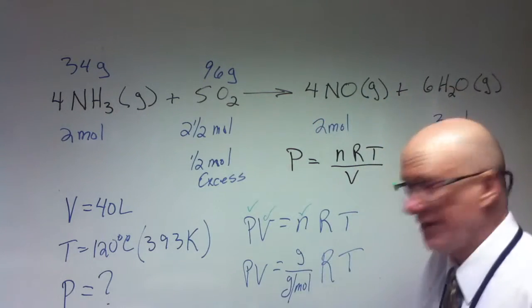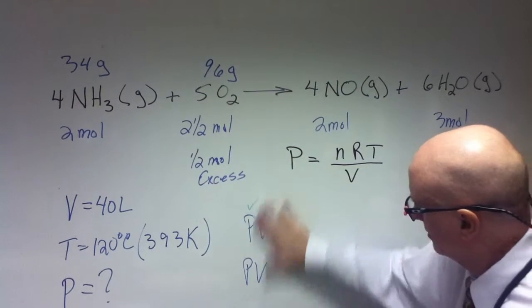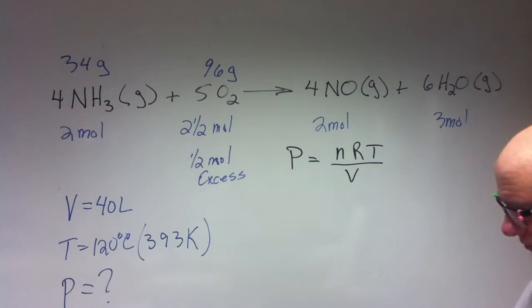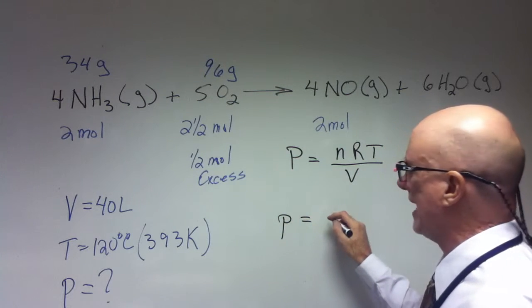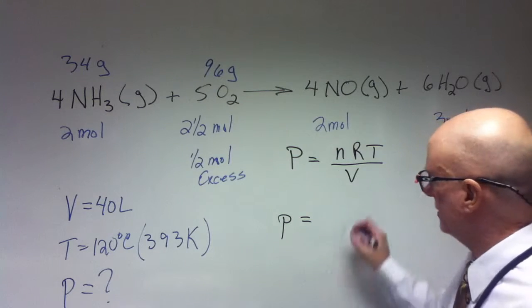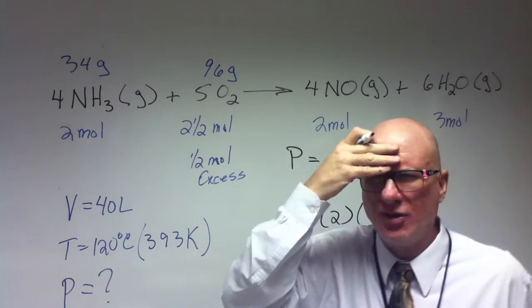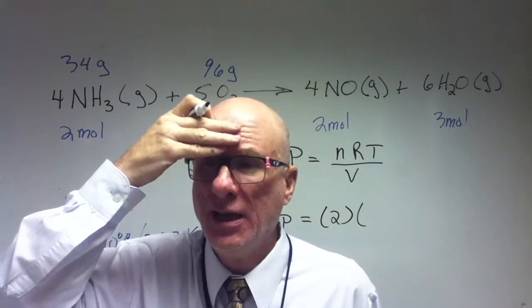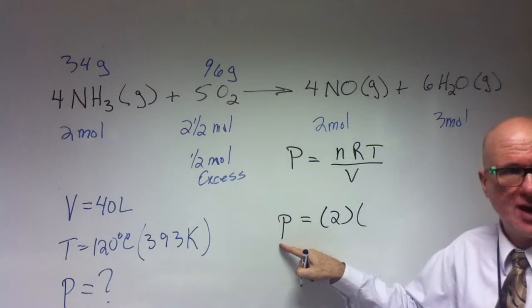Okay, do you have your calculators out? Excellent. Now, so P equals n. What's n? 2. Excellent. Can I leave off the unit labels? Yeah, as long as everything is, I'm going to calculate in terms of what?